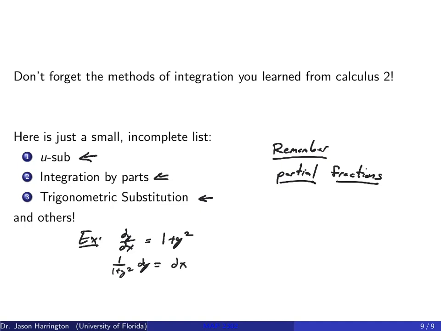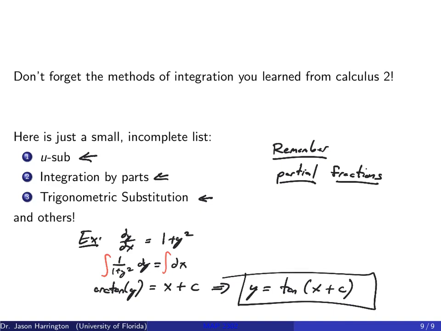And then when you integrate both sides, you want to remember that the left-hand side is actually going to be the arctangent of y. And the right-hand side is x plus c. So your solution is going to be y is equal to the tangent of x plus that constant. So you can see that sometimes these substitutions and these tricks from Calc 2 are in fact very, very useful, and we're going to be using them quite a bit.